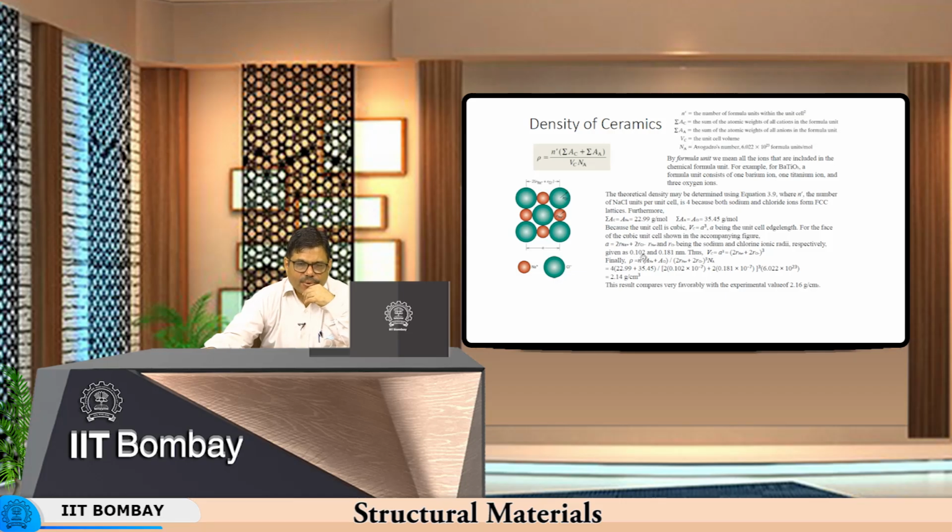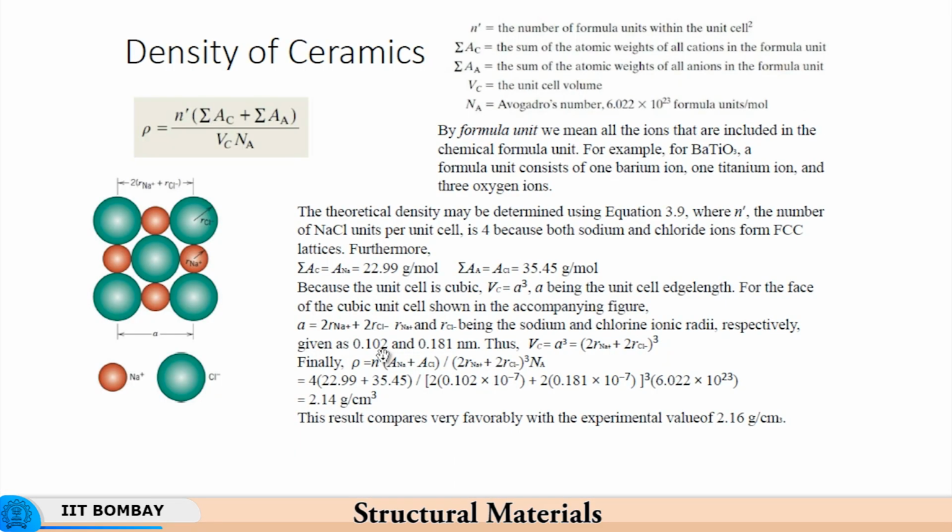So we have the total atomic weight for one material, and for the other one it is 23 gram per mole. So if you look at NaCl, sodium chloride, you have 23 for sodium and 35.45 gram per mole for chlorine.